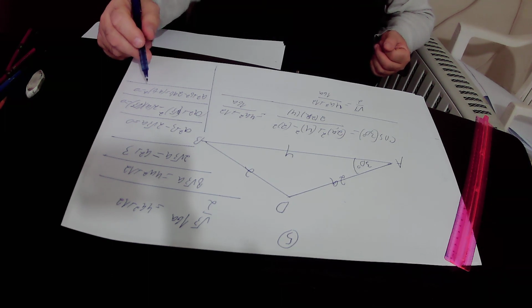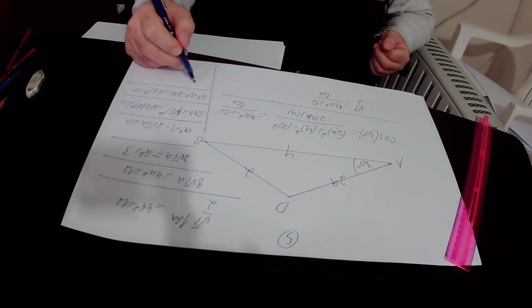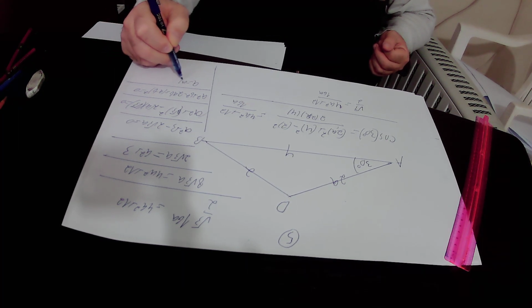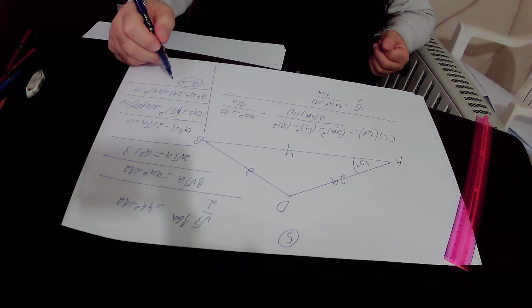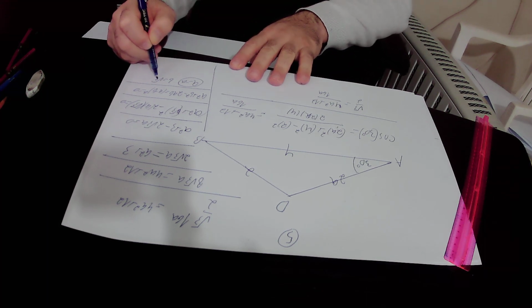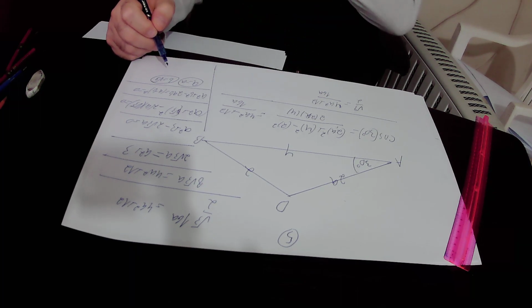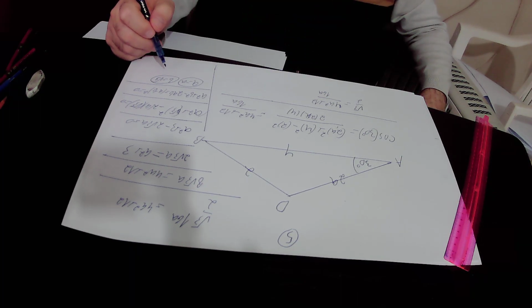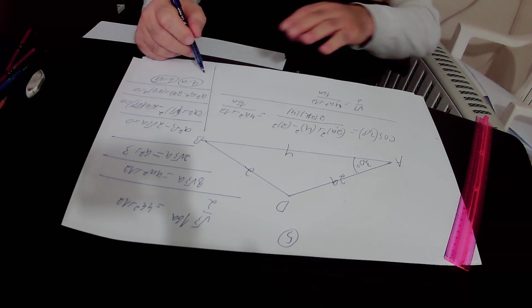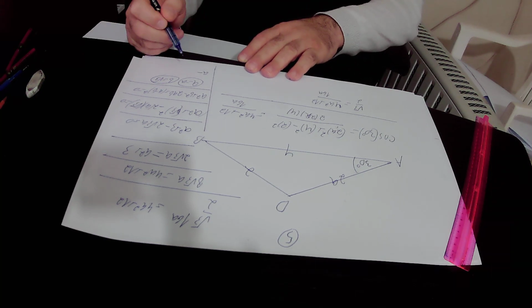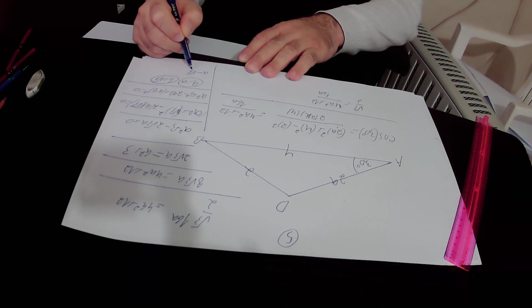In our specific expression, a equals a and b equals square root of 3. So a minus b squared in our specific expression will be equal to a minus square root of 3 squared that equals 0.